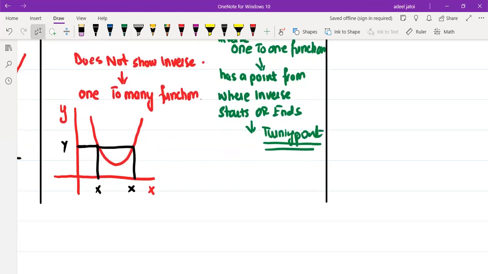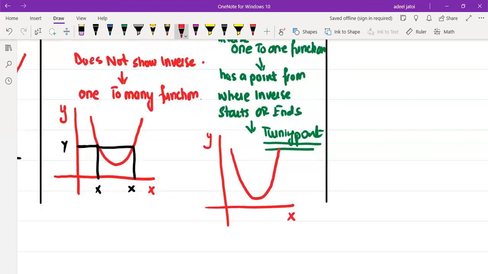Now, what does it mean? If I just draw a curve here, the completed square form clearly identifies that this becomes your turning point. From this point, if this line is removed, that means particularly this is shown as x is greater than a.